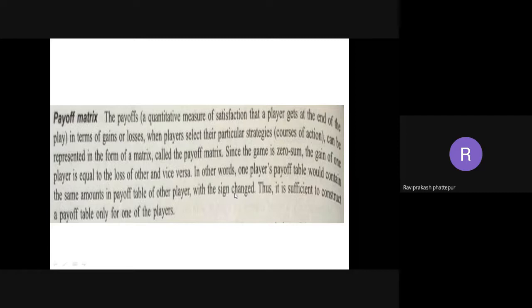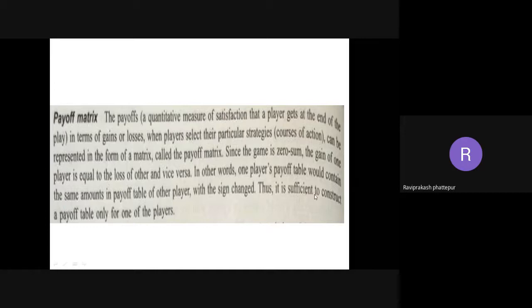That means if I am gaining in one of the places, take 500, I am gaining. The other competitor, in the same place, you will have minus 500. So that is what they are telling. So we can merge both the matrices, and here we can use only one matrix. In other words, one person's payoff table could contain the same amounts as the payoff table of the other player with the sign change.